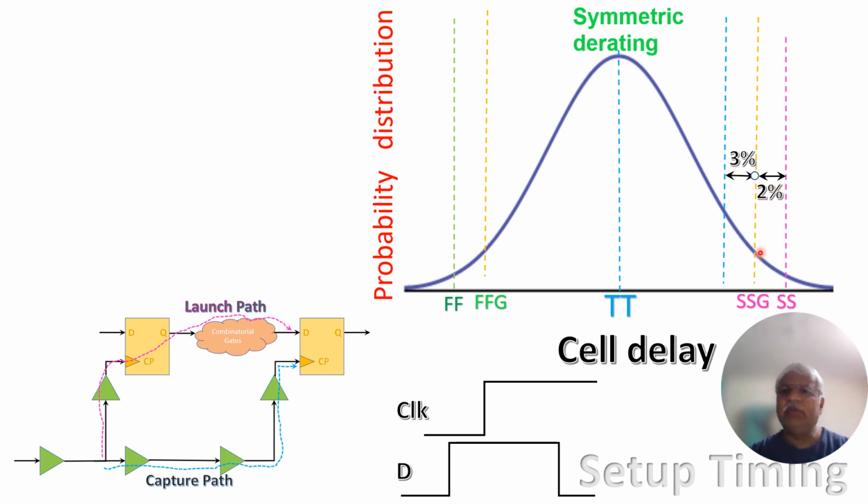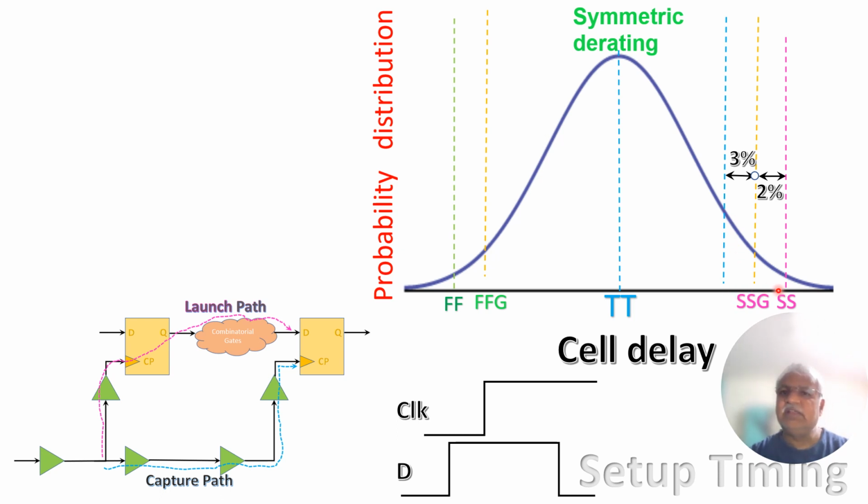Okay, so that means these devices which fall in this region may come late with respect to SSG. These devices here, which have a probability distribution of so and so, will be coming early, because these delays are lesser than SSG.